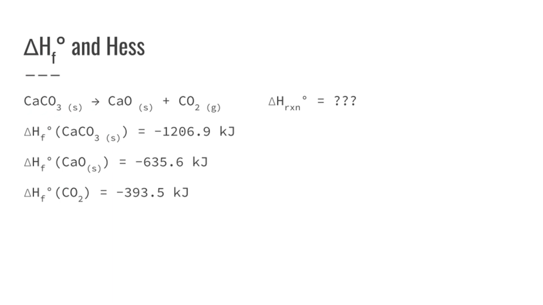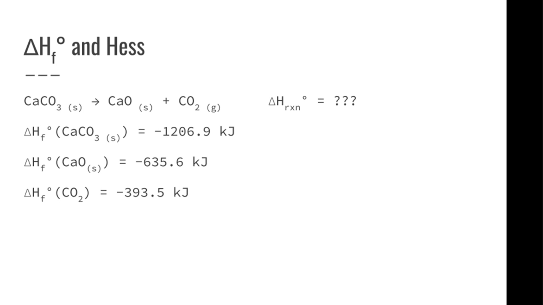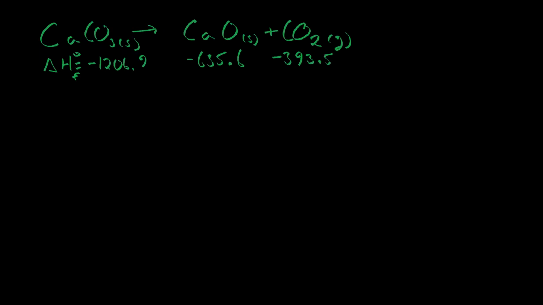Let's go ahead and dive into another example, specifically this one here, working from calcium carbonate to calcium oxide and carbon dioxide. You'll see here that we have the reaction and the 3 enthalpies of formation. So 1 for calcium carbonate, 1 for calcium oxide, and 1 for carbon dioxide. Like I said, we can ignore the elements, actually. So when we look at the reaction, all we need are those 3 numbers.